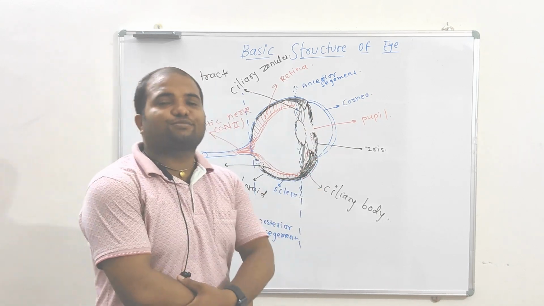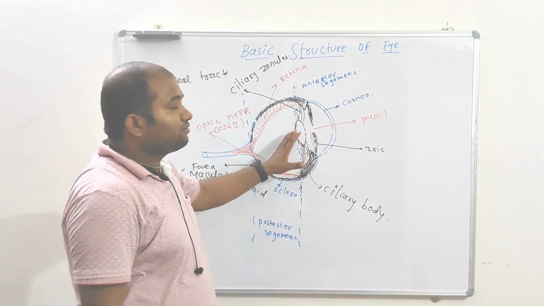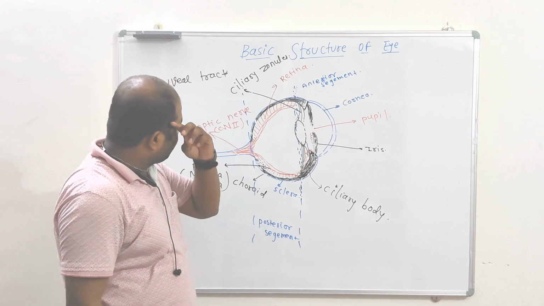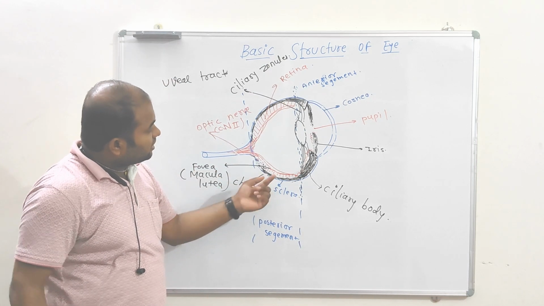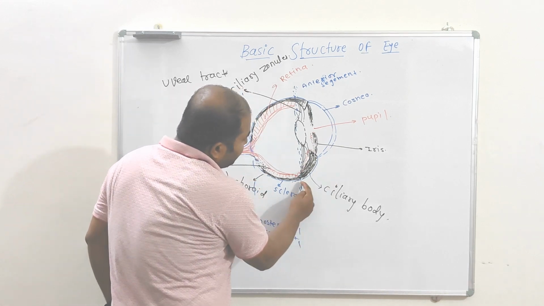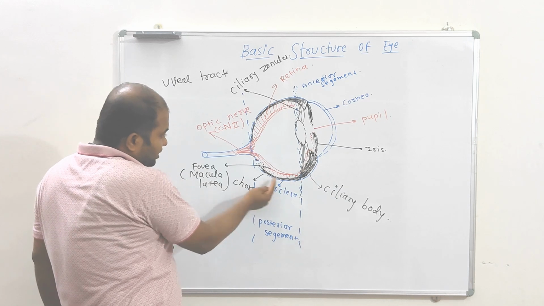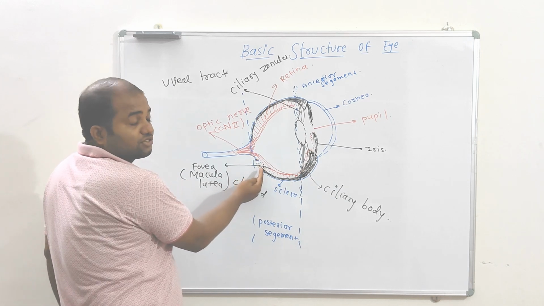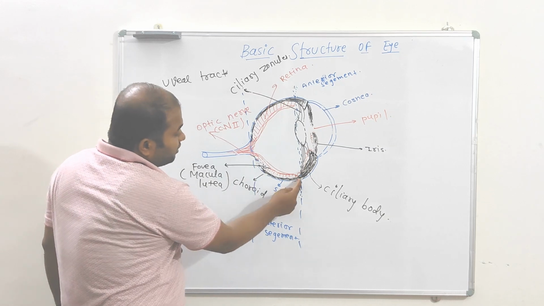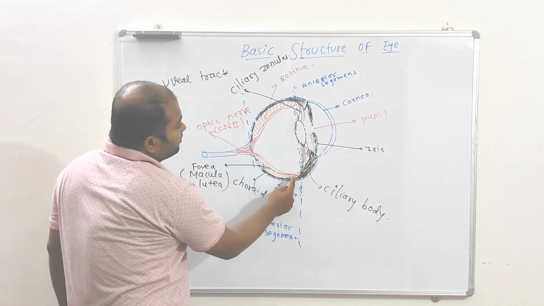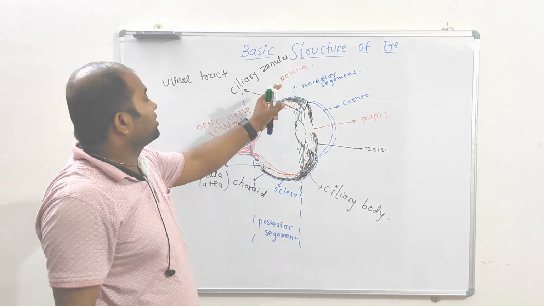Now for the posterior segment: the anterior part of the sclera is considered part of the anterior segment, but the major posterior part of the sclera is considered part of the posterior segment. Next, the choroid and the retina are also part of the posterior segment.